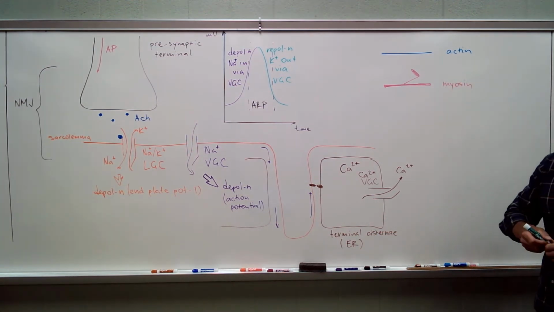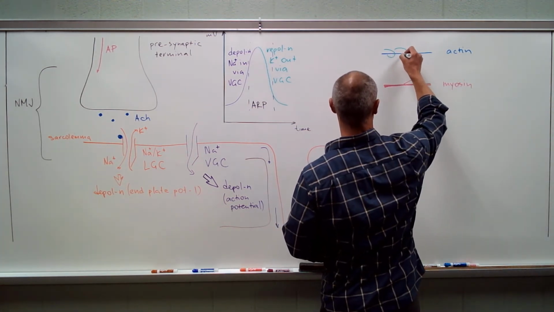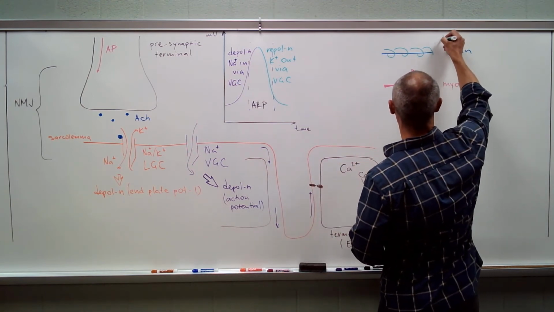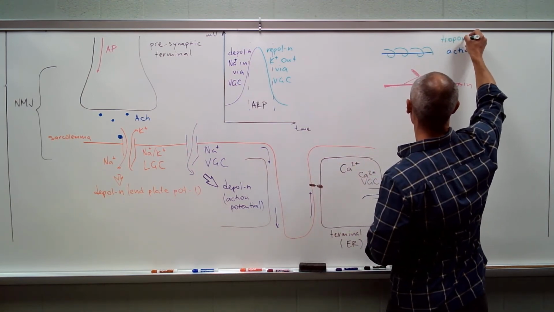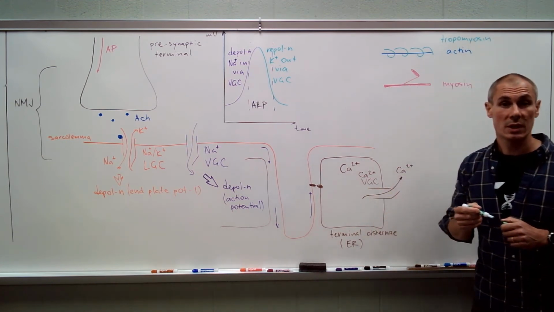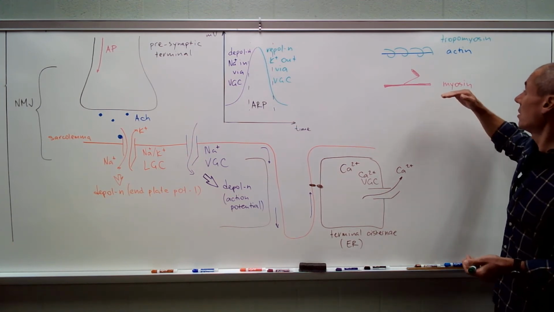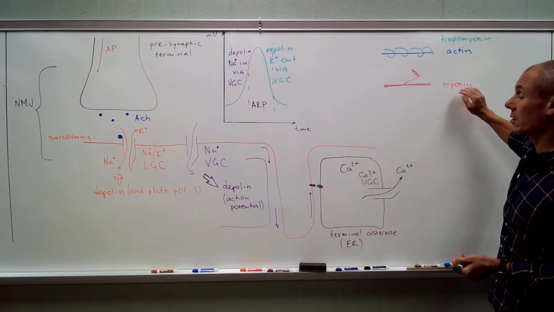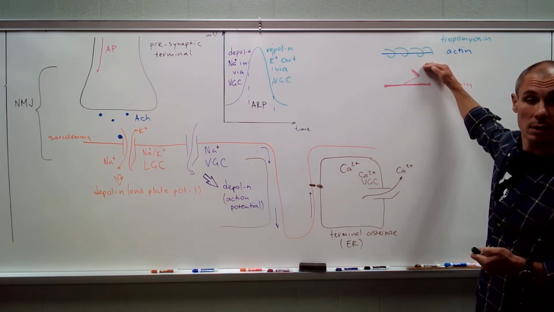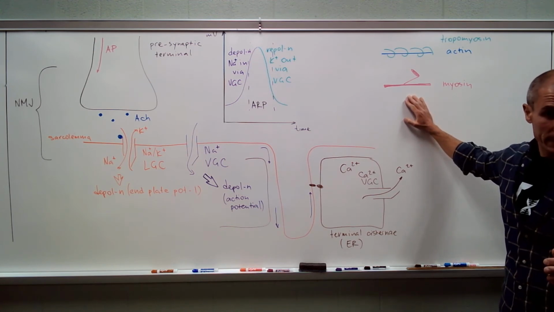Actin is surrounded by a protein called tropomyosin. Okay? And this tropomyosin does not let actin and myosin interact. It blocks actin from binding to myosin. We good so far?